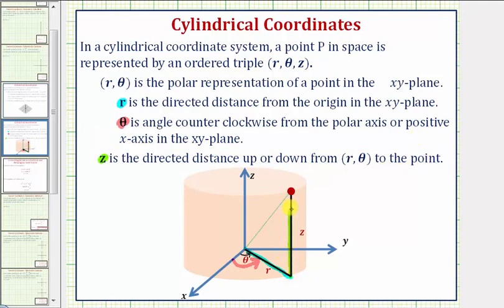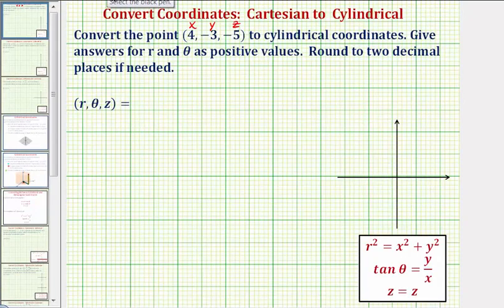So going back to our example, so we can better visualize this, let's plot the point 4, -3 in the xy plane. So this would be the x-axis, this would be the y-axis. And since the x-coordinate is +4, we'd go right 4 units. And because the y-coordinate is -3, we go down 3 units.